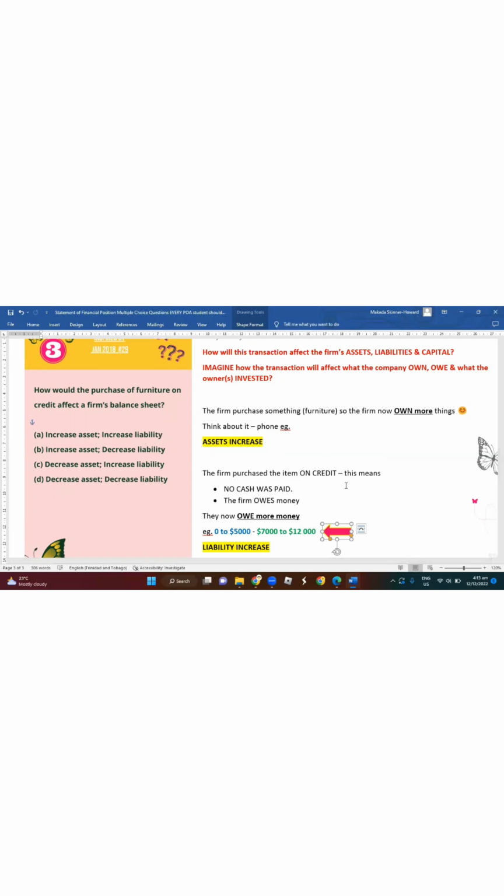Whatever money you have to pay has increased. So your liability will increase when you purchase items on credit. Let's see which option includes both assets increasing and liabilities increasing. And luckily for us, that is option A. So you shade the option A and you keep it moving.